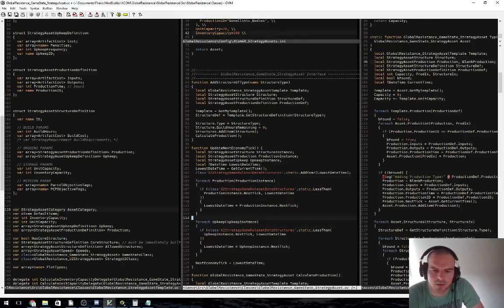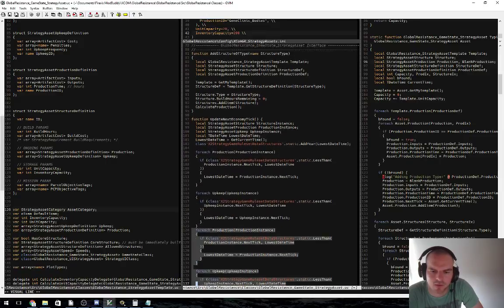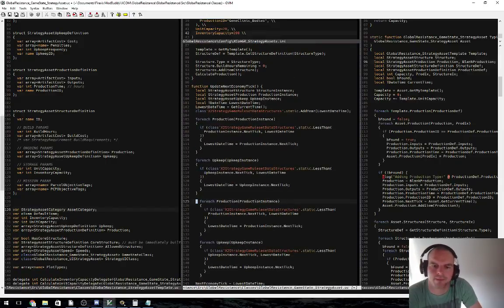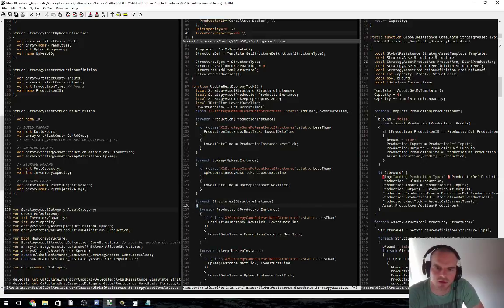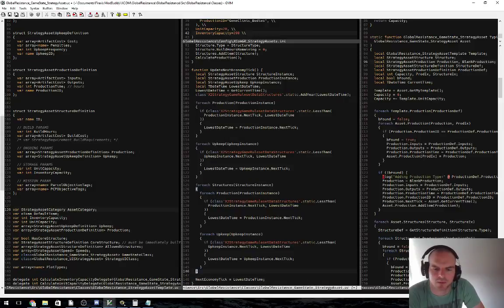Alright, next up is for each structure. Then we do the same thing for each of them. So, nest this for each structures, structure instance. Just realizing right now that I have the structure. Oh no, I've structured them correctly. Lovely. Okay.